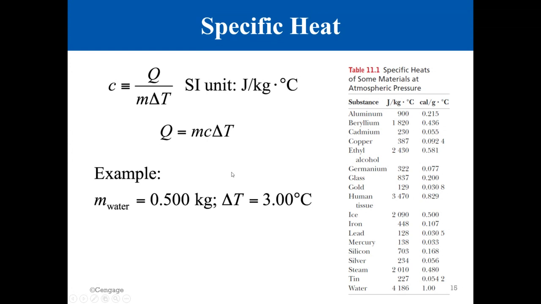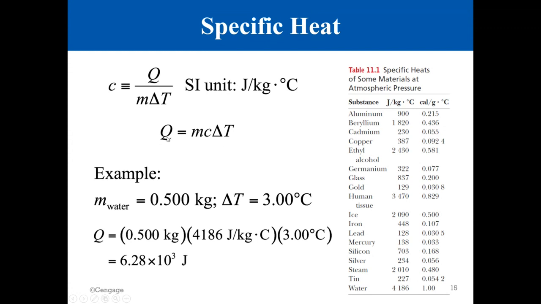For example, if you have half a kilogram of water and you want to raise the temperature by 3 degrees Celsius, we substitute in this formula: Q equals m multiplied by c, the specific heat, multiplied by delta T, the change in temperature.